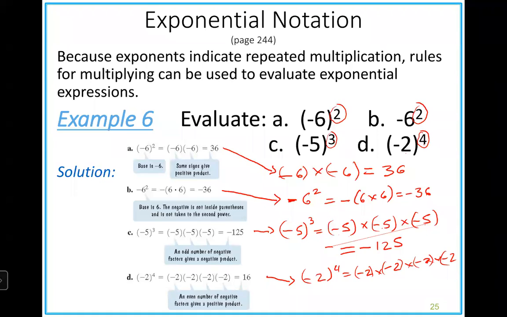And because that's an even set of times you're multiplying it, 1, 2, 3, 4, that means your answer is going to be positive. And so you say 2 2s 4, 2 4s 8, 2 8s 16. Your answer is a +16. Okay? And so that's the application of the rule for multiplying using integers.